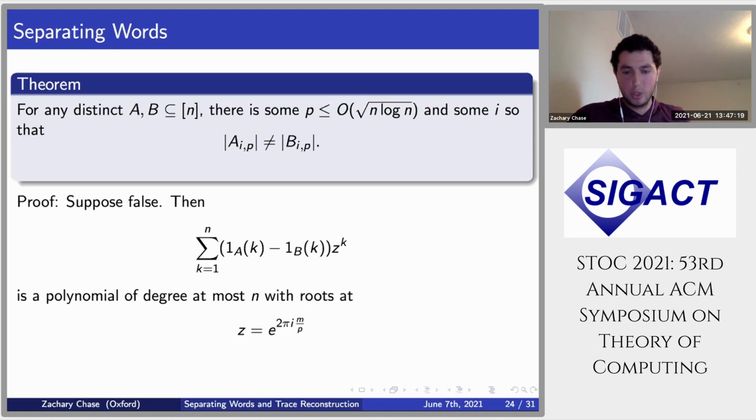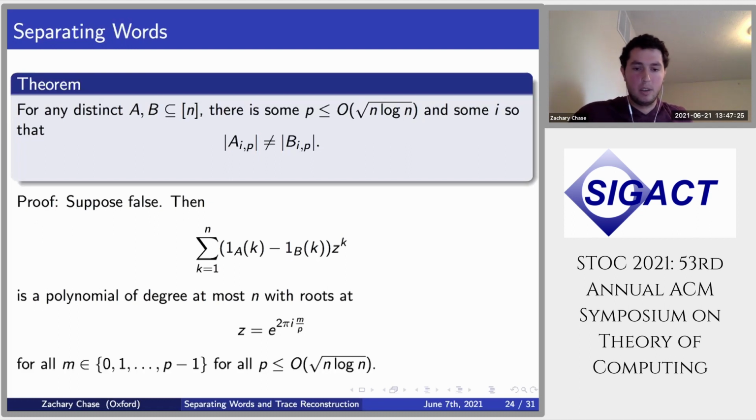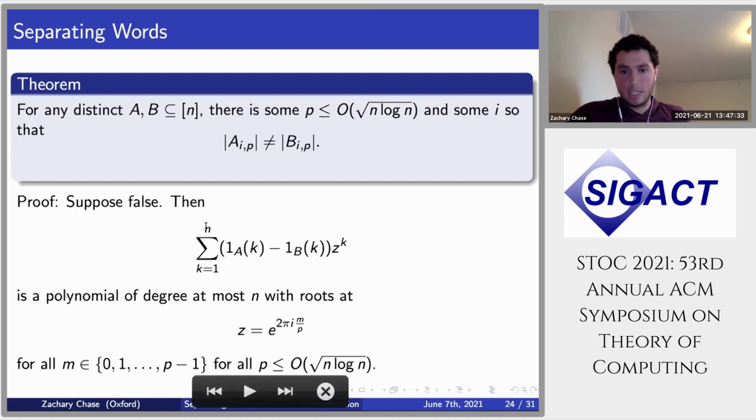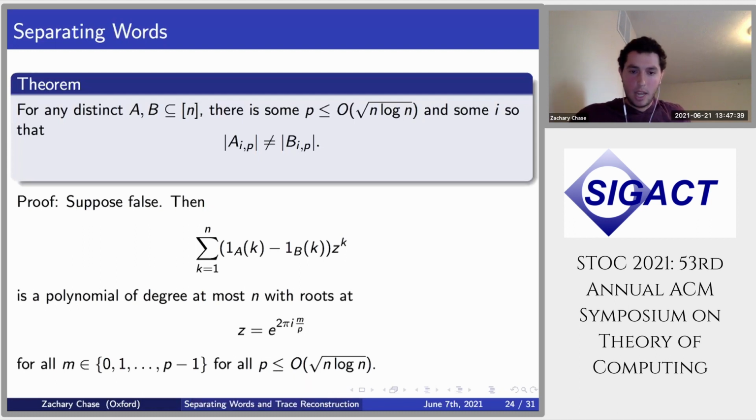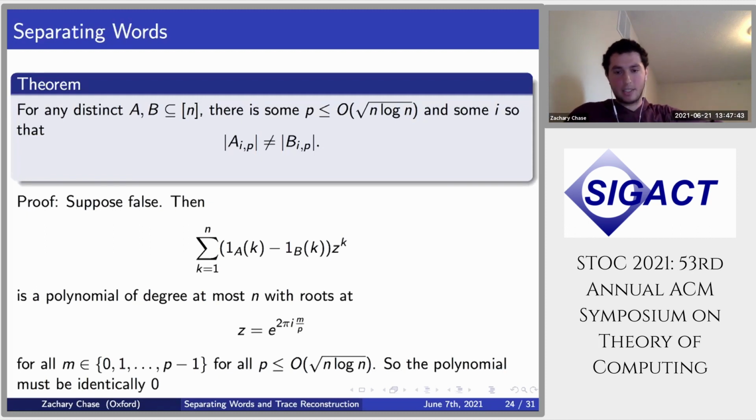And under the assumption that the theorem is false, it has roots at e to the 2 pi i m over p for all p less than a big constant times root n log n and m mod p. That's just because if you plug in a p-th root of unity, the sum basically decouples based on the residue of k mod p. And so the polynomial must be identically 0. It has degree at most n and it has all these roots. And by basic prime number estimates, the number of roots is more than n.